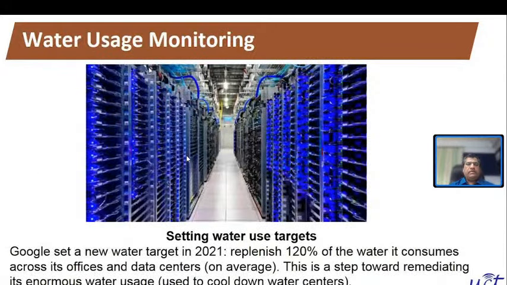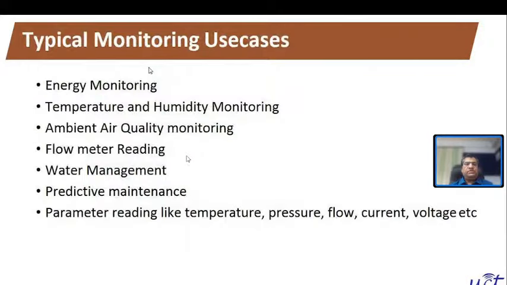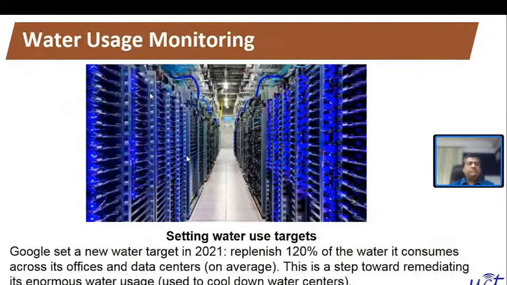From the previous slide, I think most of the things you are already aware of. I want to emphasize two points. One is water management, and another is carbon emission, because those are the things that would be coming soon from the government of India, and the governments of all countries, to the respective industries to control usage of water and other natural resources.